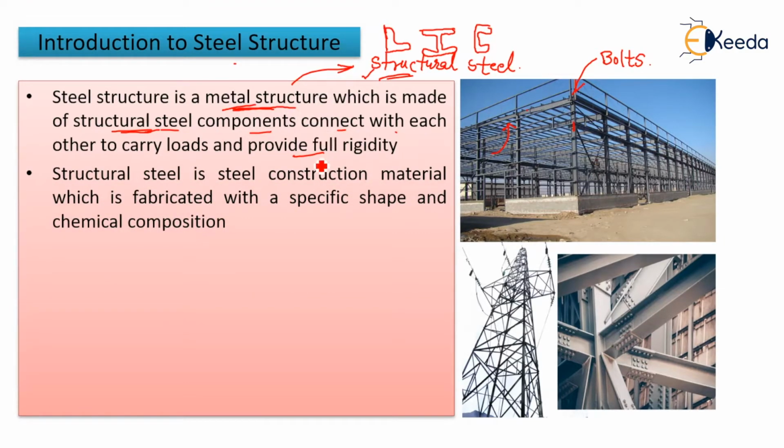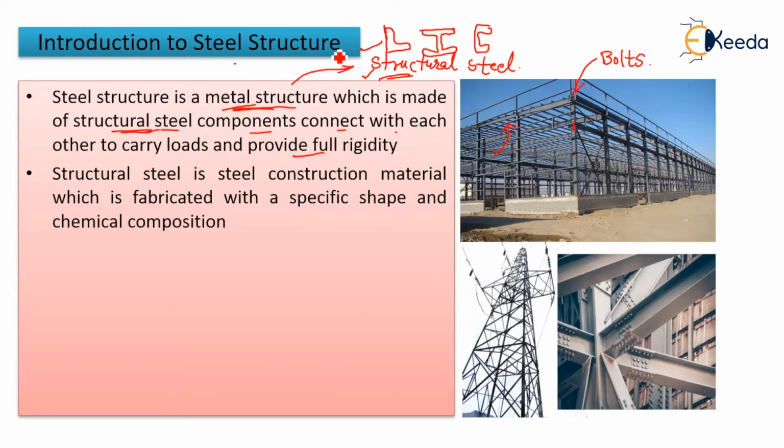Structural steel is a steel construction material which is fabricated with a specific shape and chemical composition. As I told you, it will be manufactured and fabricated in the companies, and it will have some specific shapes and cross sections. It will have I section, angle section, channel sections, and various standard sections will be available.